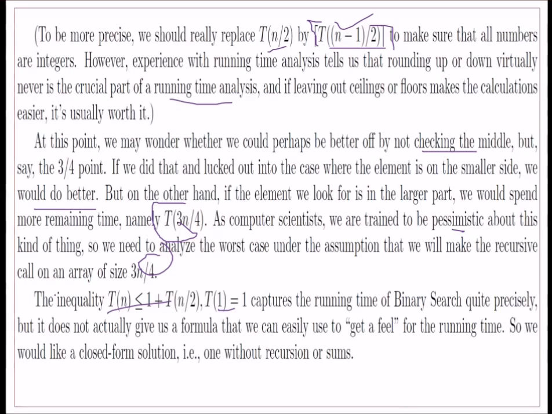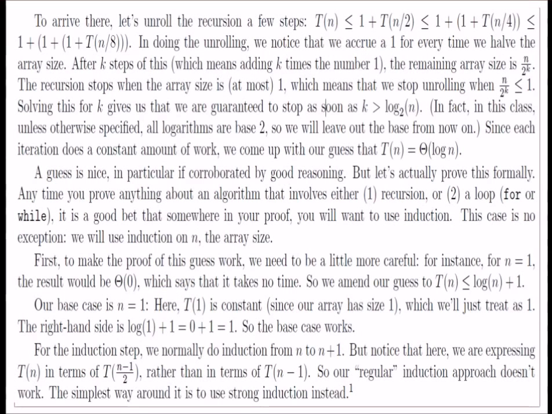It captures the running time of binary search quite precisely, but it does not actually provide us with a formula that we can easily use to get a feel for this running time. So we would like to have a closed form solution, that is one without recursions or sums. So how to do it?